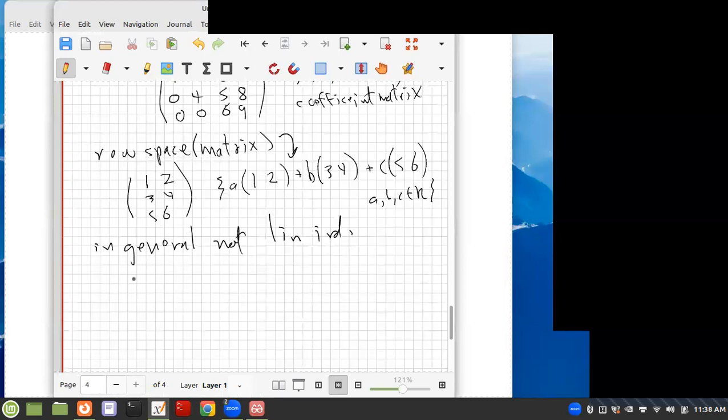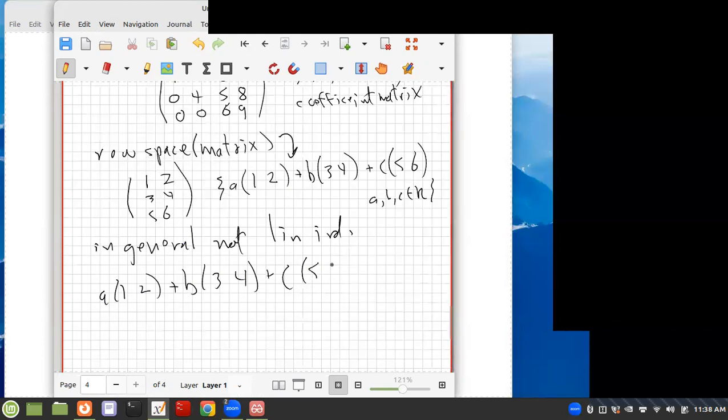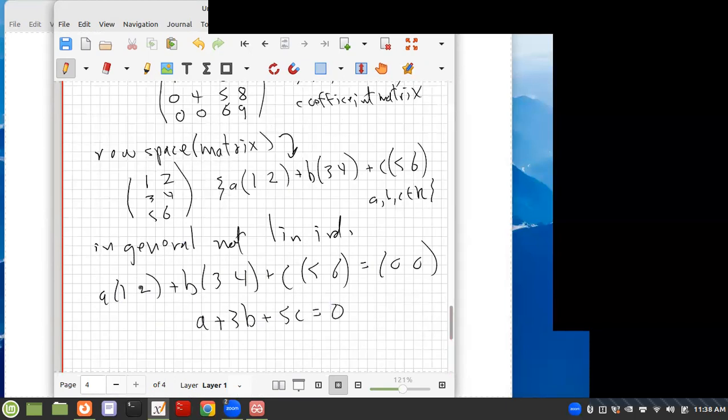Well, we could check here and say, we'd set this to 0. A times 1, 2 plus B times 3, 4 plus C times 5, 6 equals 0, 0. And then I could collect all these and see that I'm going to get the first component, A plus 3B plus 5C equals 0. And the second one, 2A plus 4B plus 6C equals 0.